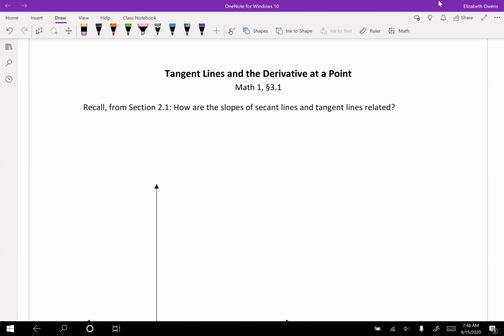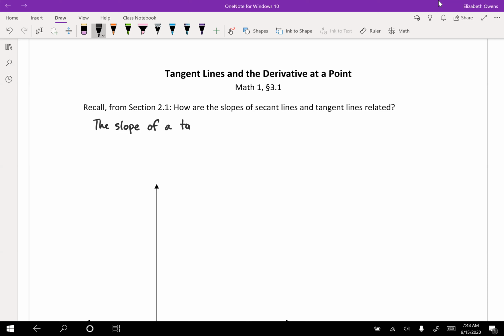So first off, a little bit of recap. Let's recall from section 2.1, how are the slopes of secant lines and tangent lines related? And if you remember, we would find the slope of a tangent line.